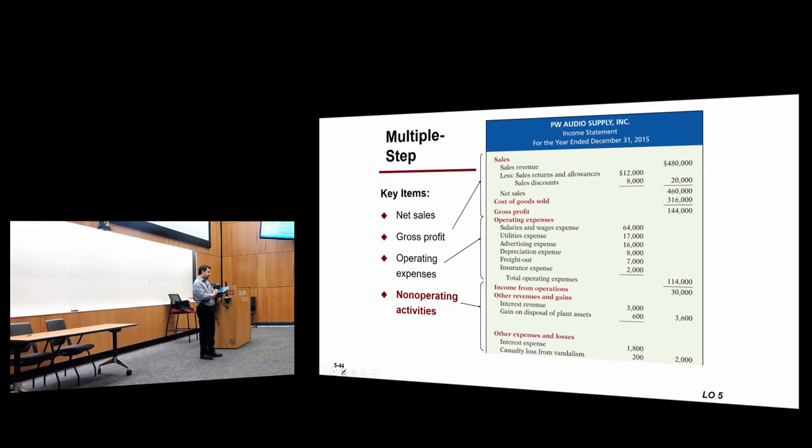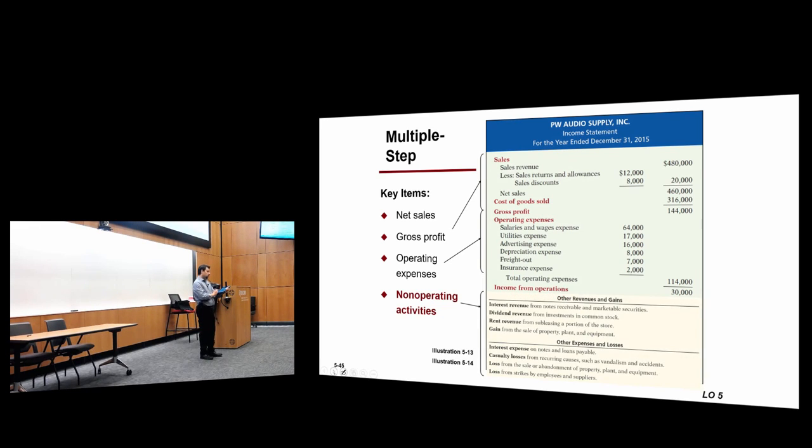This shows you the other revenues and gains and other expenses and losses, and we will be addressing those as we go ahead with our chapters. For example, when we talk about equipment, we will learn how to calculate gain from the disposal of equipment. When we talk about investments, we will talk about dividends, etc.